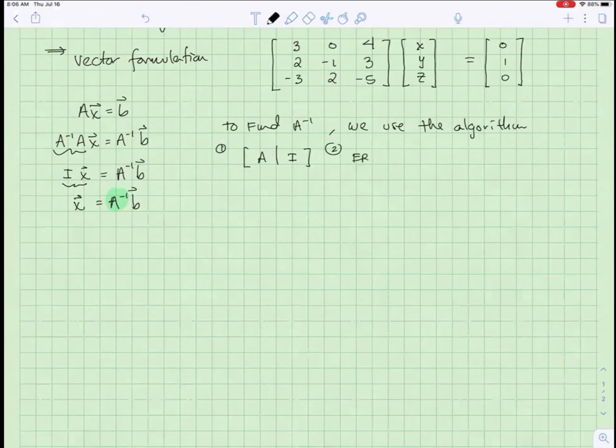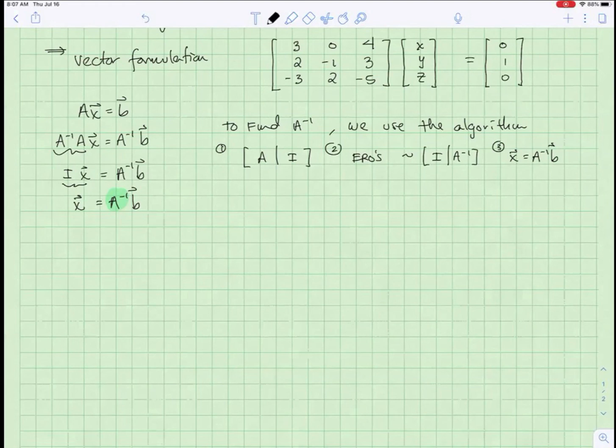We use EROs until that matrix becomes the identity on the left and A inverse on the right. And then 3. We strip A inverse out of that construct, and then we multiply it by the vector B, and that should give us our answer. So let's get started. The algorithm in part 2 can be a little bit long-winded.